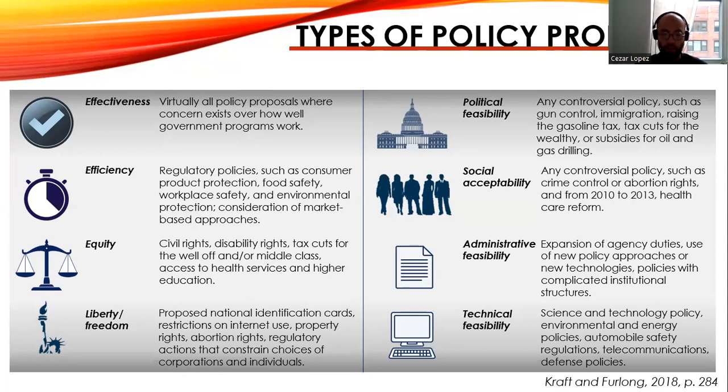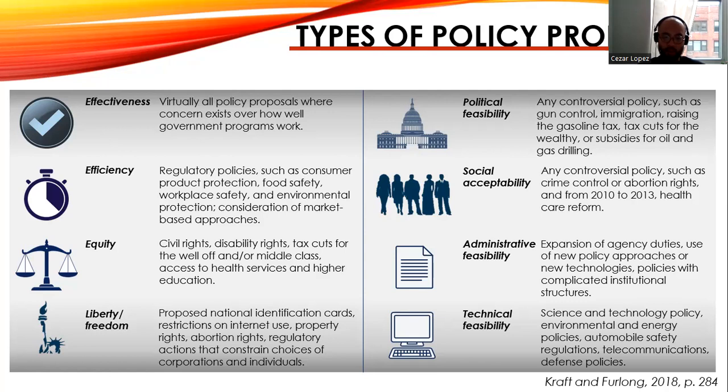Efficiency, regulatory policies such as consumer product protection, food safety, workplace safety, and environmental protection, considerations of market-based approaches. Equity, civil rights, disability rights, tax cuts for the well-off and or middle class, access to health services, and higher education.